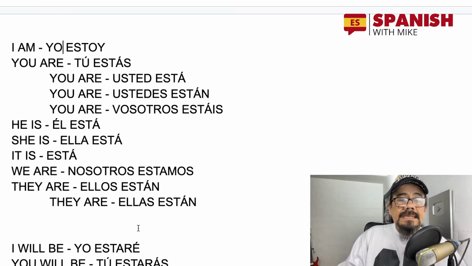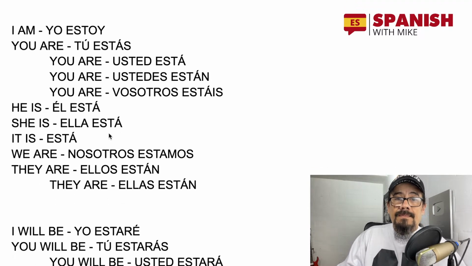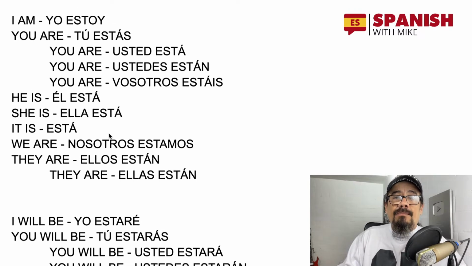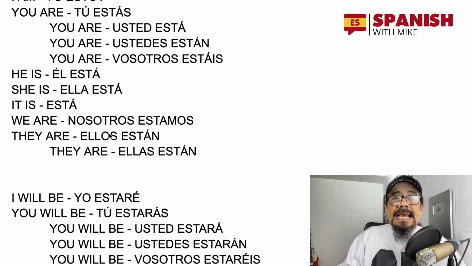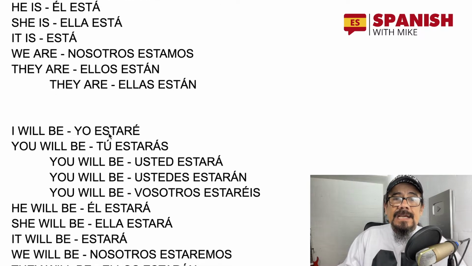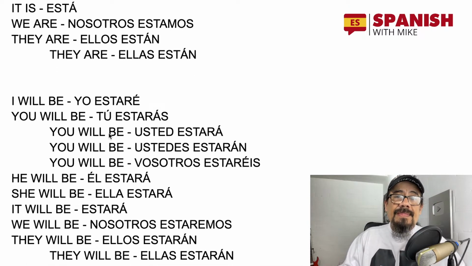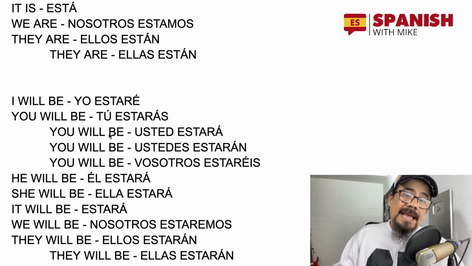You are, usted está, singular, formal. Ustedes están, plural. Vosotros estáis, plural, Spain. Él está, he is. She is, ella está. It is, está. We are, nosotros estamos. They are, ellos están. They are, ellas están.